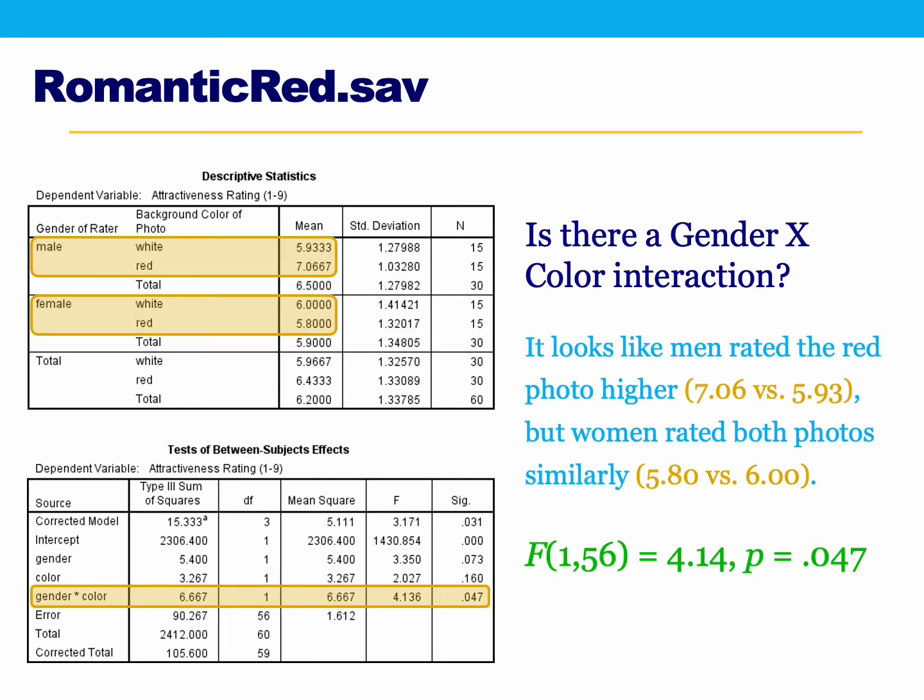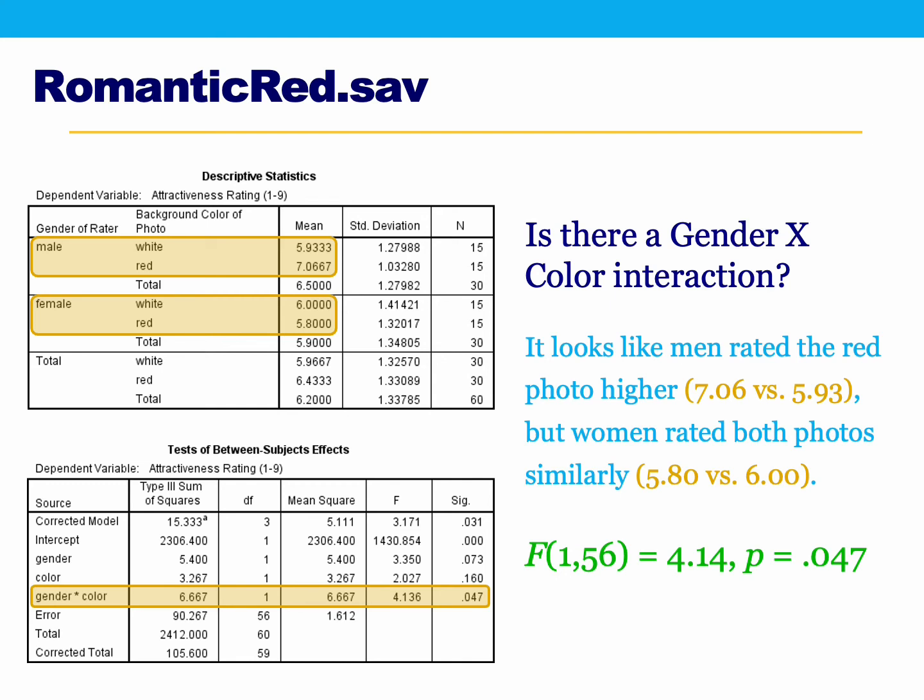Lastly, we would look to see if there's a gender by color interaction. To do that, we would first compare the ratings of males in the white versus red condition and the ratings of females in the white versus red condition.